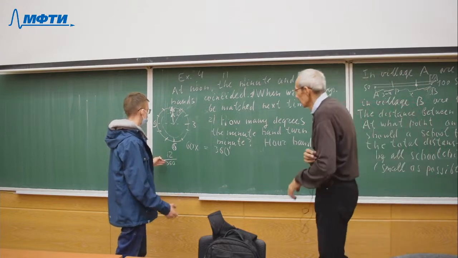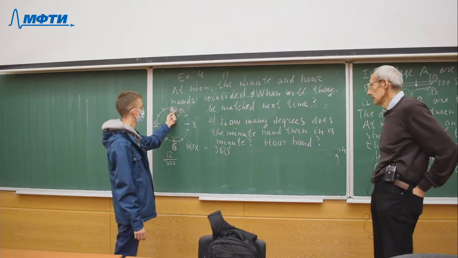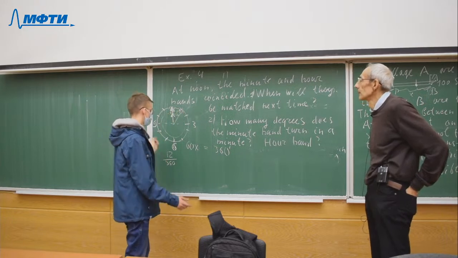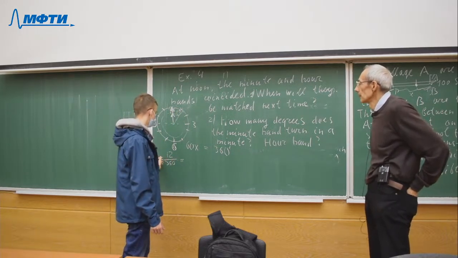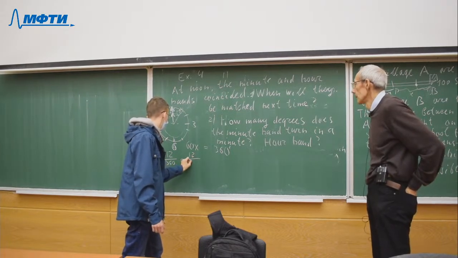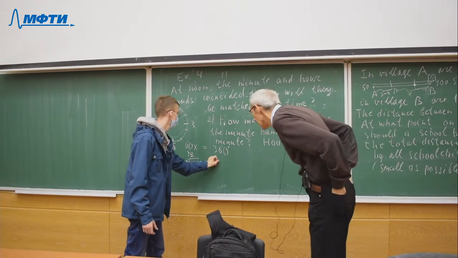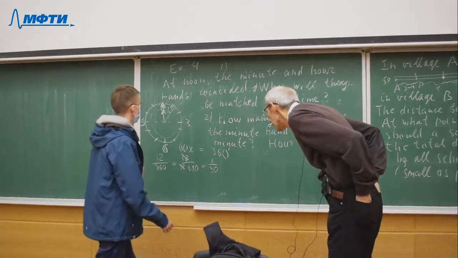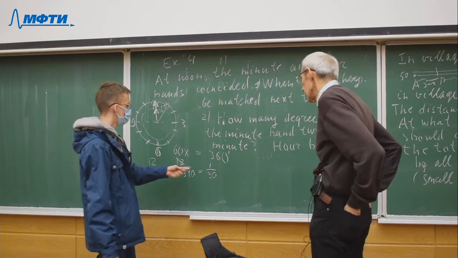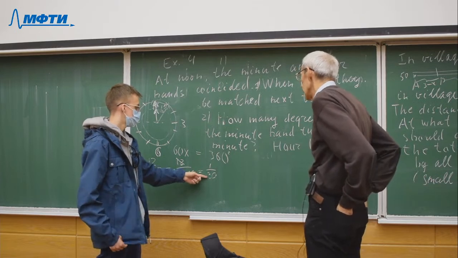I'm trying to calculate not only 1 hour and 5 minutes, but also by how much the hour hand will move. In one part it rotates by 30 degrees.